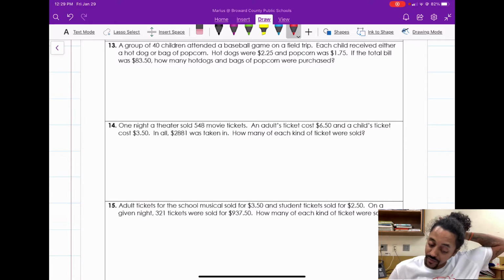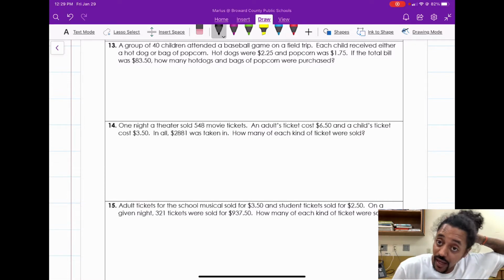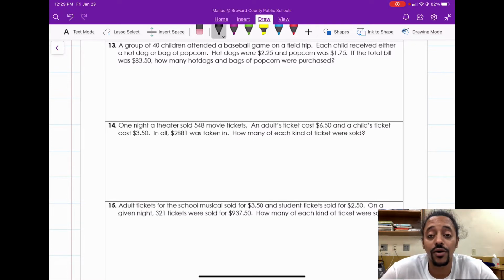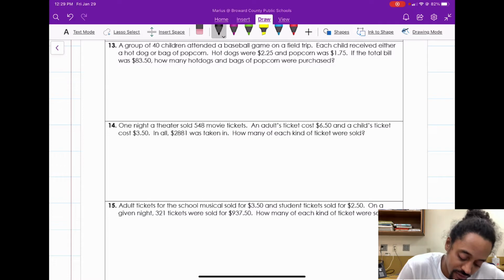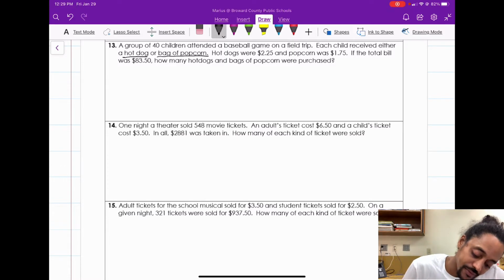So, first, like usual, we do have to go ahead and define our variables. Each time, define the variables, then write the equation. So, our variables here, the things that they're talking about that we don't know how many of, is hot dogs and bags of popcorn.